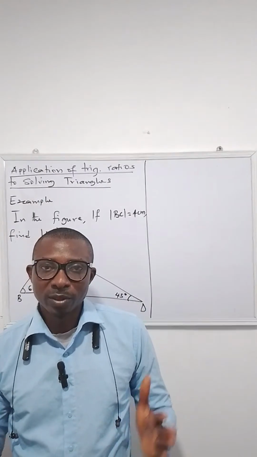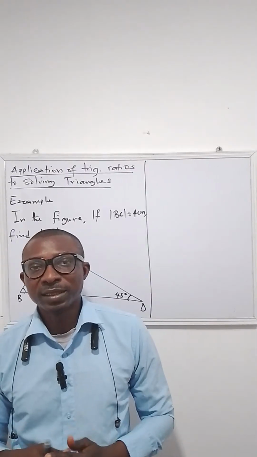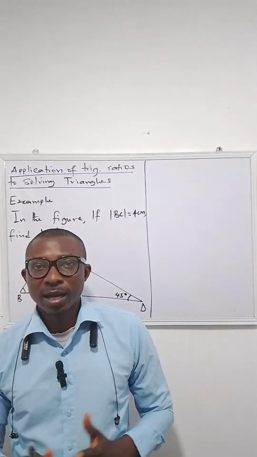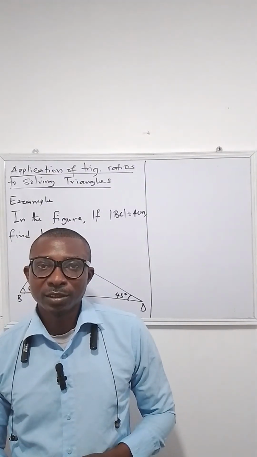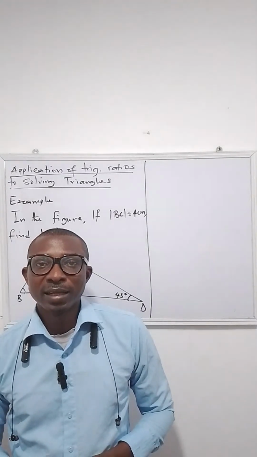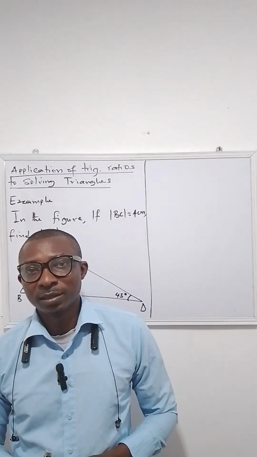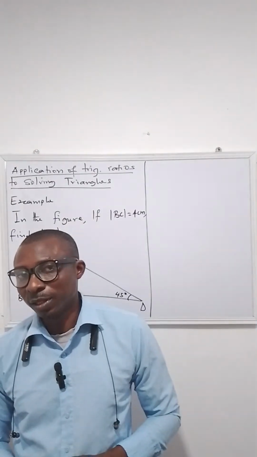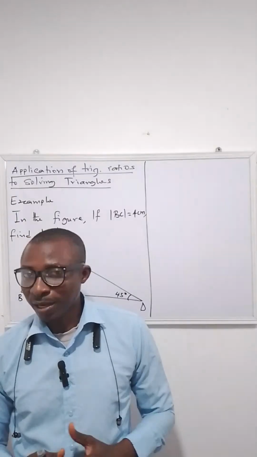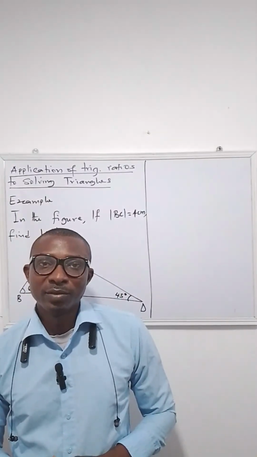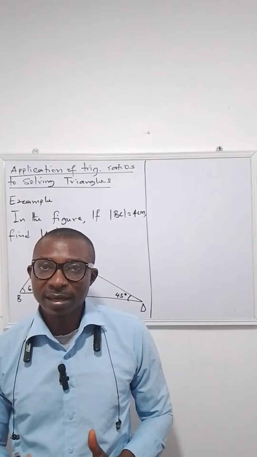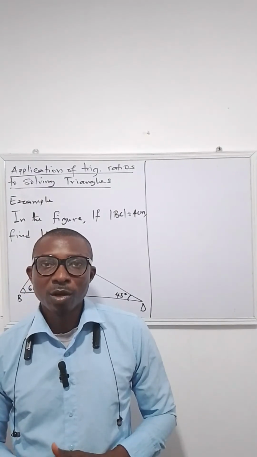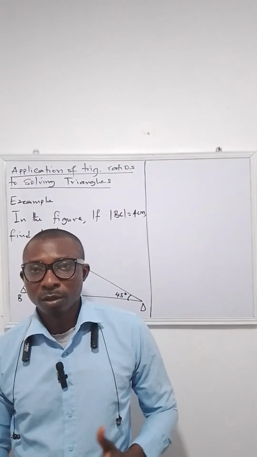The side that is facing the right angle is what we call the hypotenuse. The side that is touching the reference angle and the right angle is the adjacent, while the third one is the opposite. It is very important for you to be able to identify that, because once you can do that, you find it very easy to make use of your trigonometrical ratio.